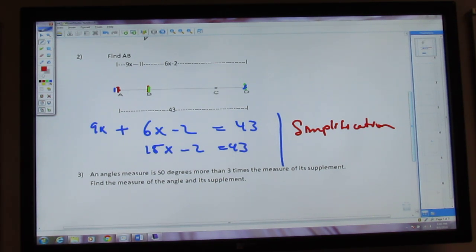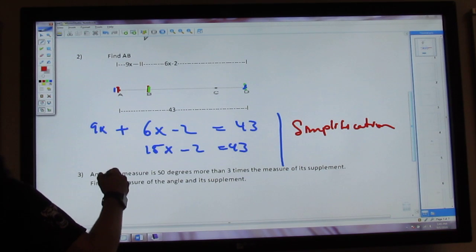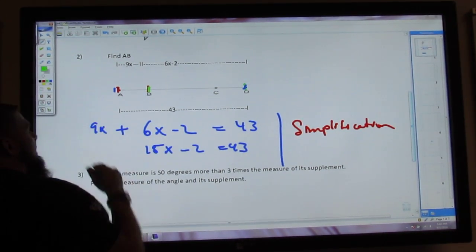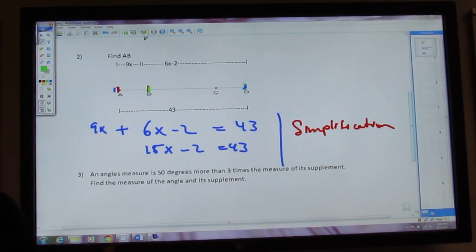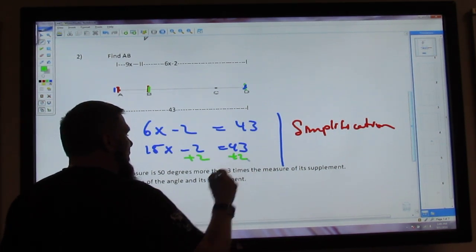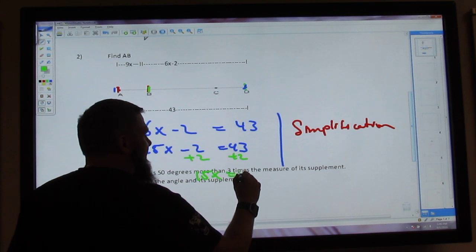So simplification, and now we can start using our algebra for SADMAP solving, subtraction, addition. But in geometry, we call it a little different. We are going to go with green, and I'm going to do the opposite. Always do the opposite, so I'm adding 2 to both sides. So I get 15x is equal to 45.